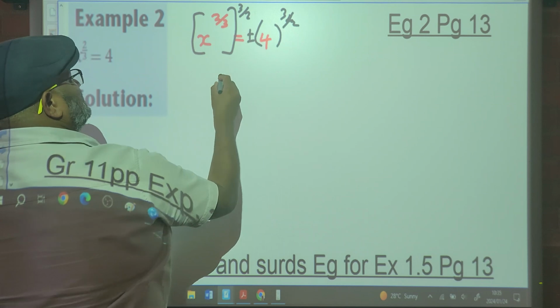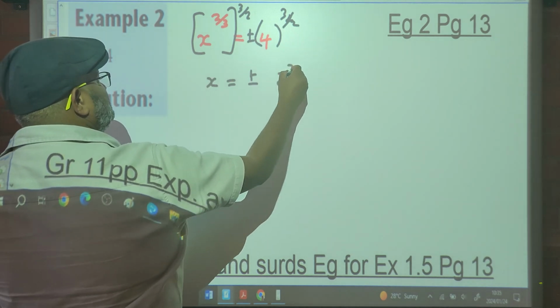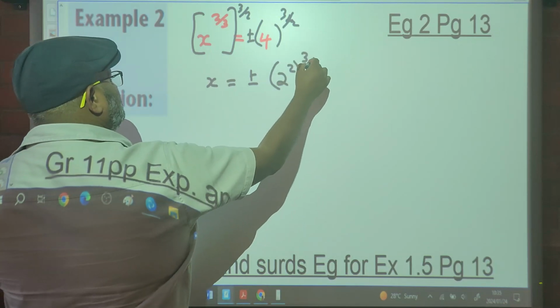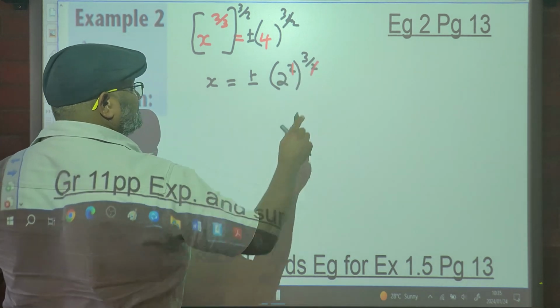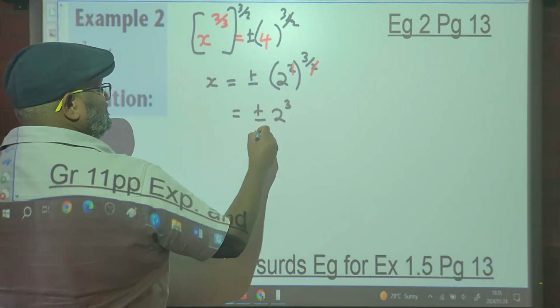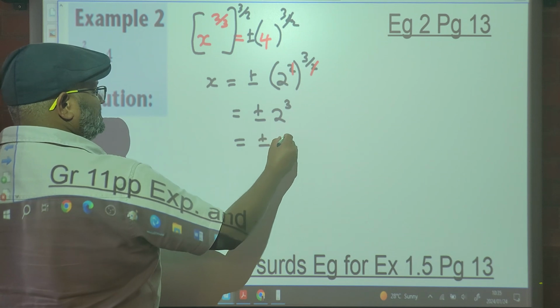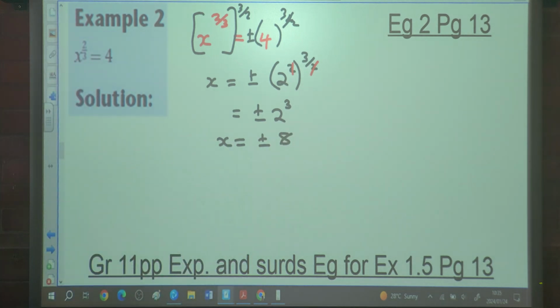We add plus minus. So x is equal to plus minus 2 squared raised to the 3/2. Now what? This cancels. That's going to be plus minus 2 cubed. And 2 cubed is? Is there any confusion here?